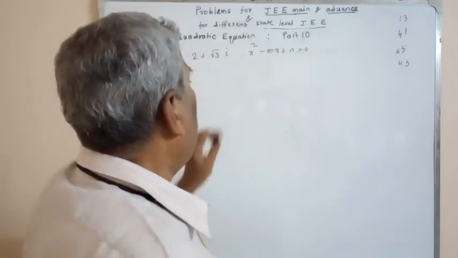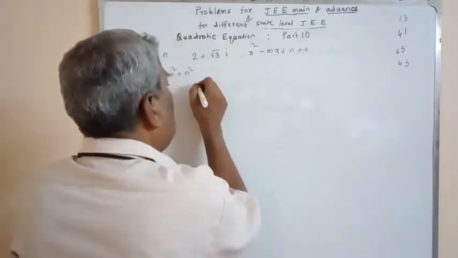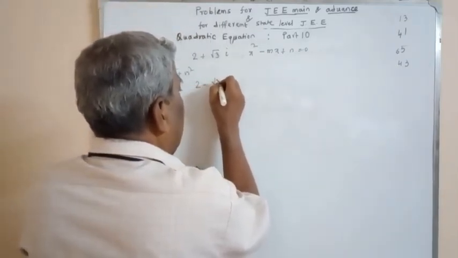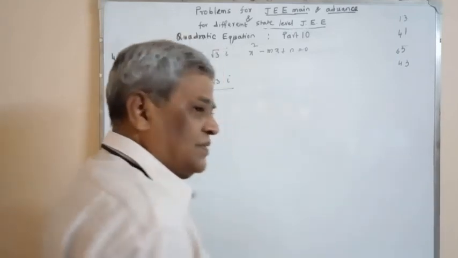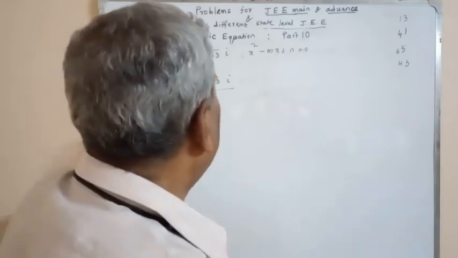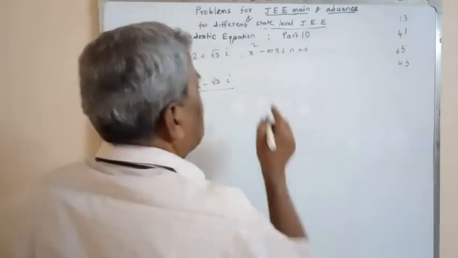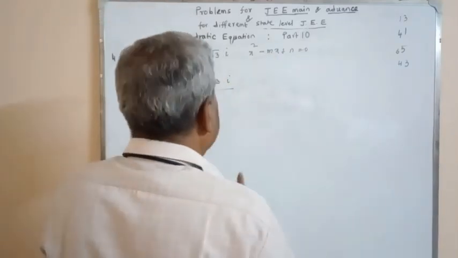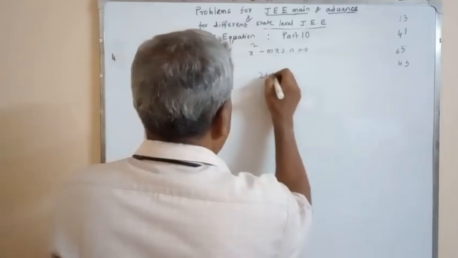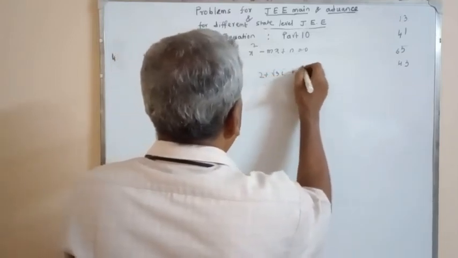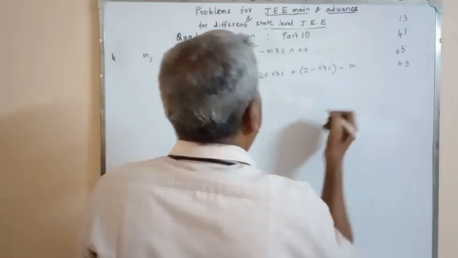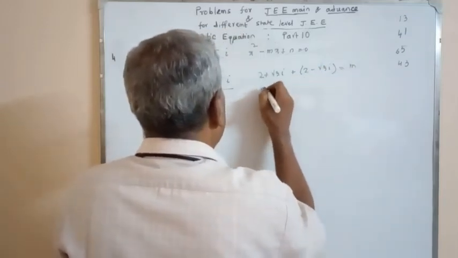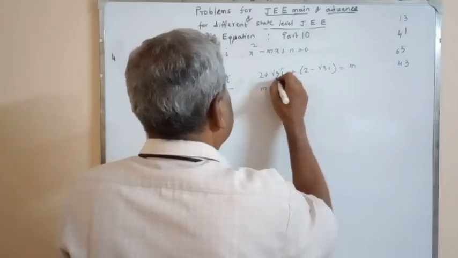So 2 plus root 3i and 2 minus root 3i are its two roots. Sum of the roots must be equal to m. So 2 plus root 3i plus 2 minus root 3i is equal to m by 1. So m is equal to 4.